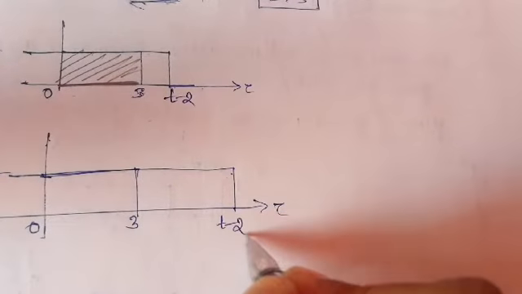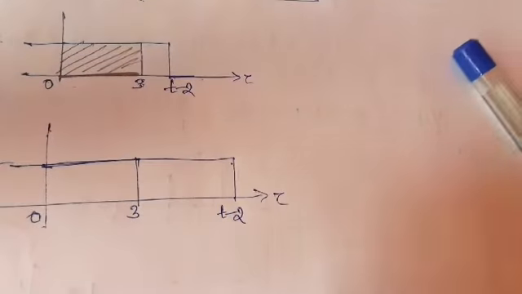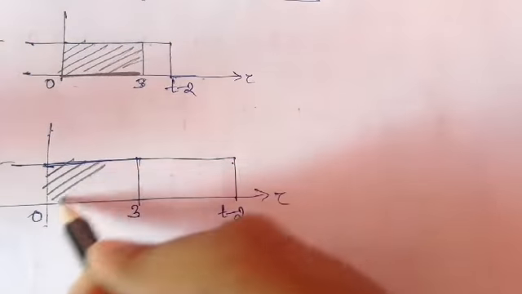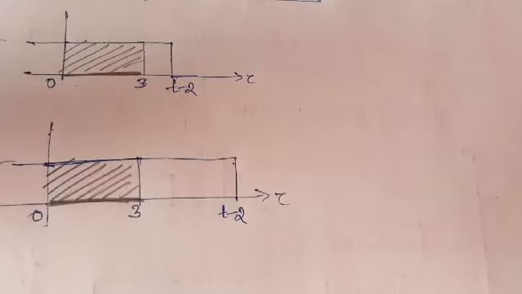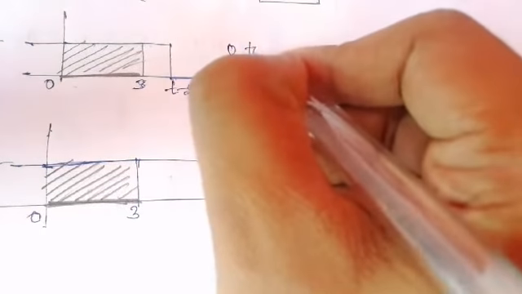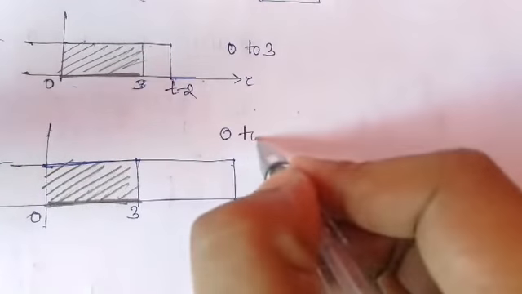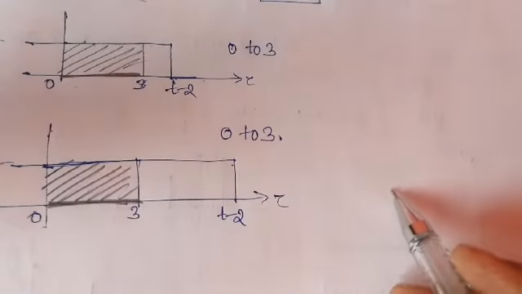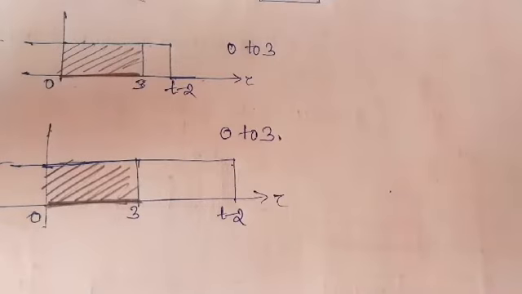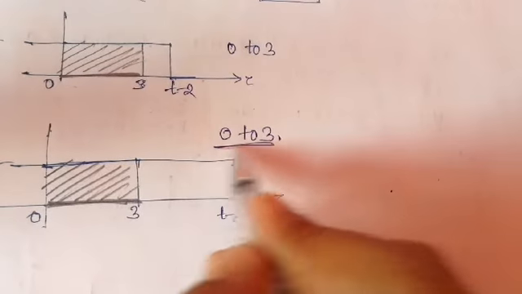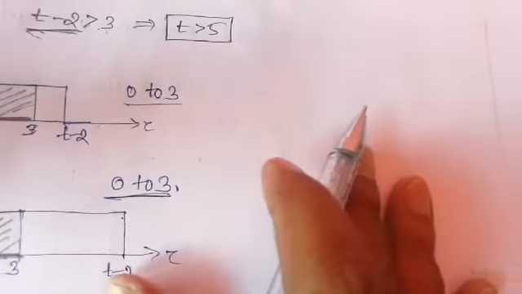Here also the overlap is from 0 to 3. Here also 0 to 3. If you take anywhere after 3, once again we are getting 0 to 3 as the limits. Hence substitute the limits.